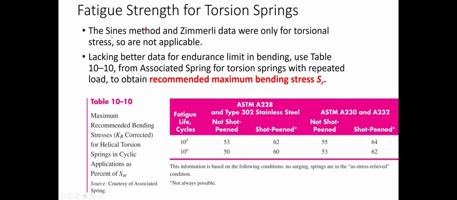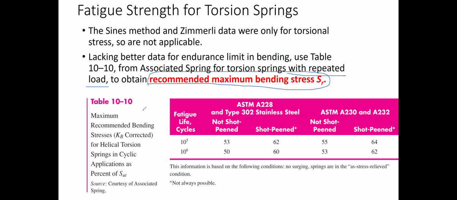For the stress of torsional springs, the Sines method and the Zimmerli data were only for torsional stresses, so they are not applicable for bending. So we can use Table 10-10 from the Associated Spring handbook for torsion springs with repeated loading, to obtain the recommended maximum bending stress.